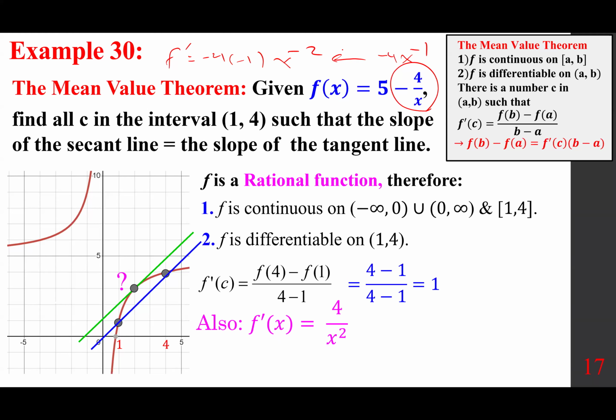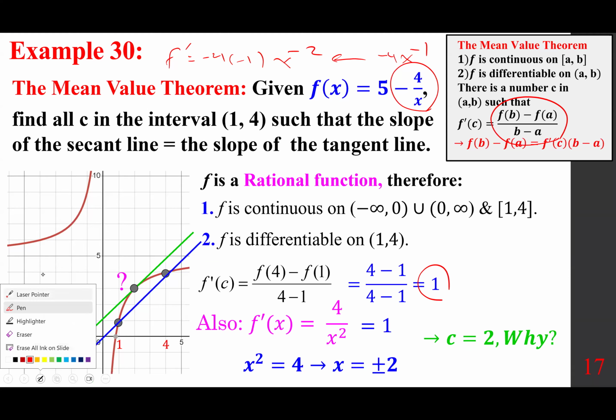So we have to set f prime equal to 1. x squared becomes 4, x becomes plus or minus 2. There are two answers, but in the interval of 1 to 4 there's only one answer, everybody. So c is 2. Although -2 is also a solution, on the left, right here we have another one, but in the given interval, there's only one.